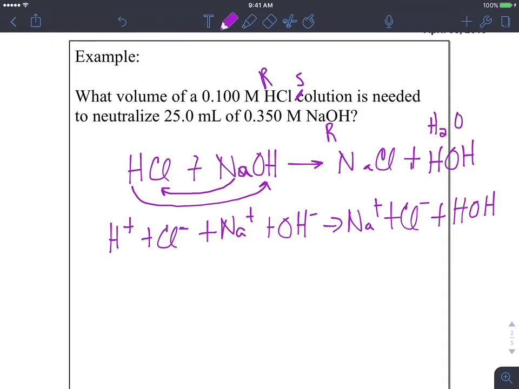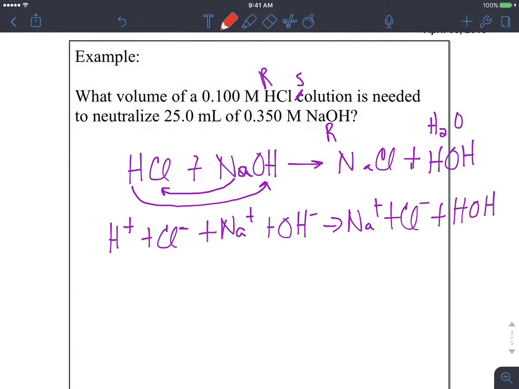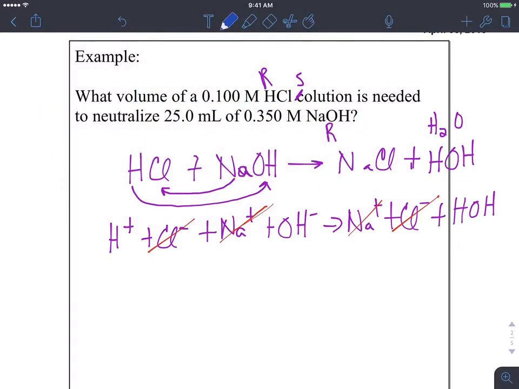So, as we did with our other total ionic and net ionic equations, we need to go through and cancel those things that appear on both sides. In this case, the Na appears on both sides, the Cl appears on both sides, and so we can rewrite this equation as a net ionic equation as H plus OH minus gives you HOH.